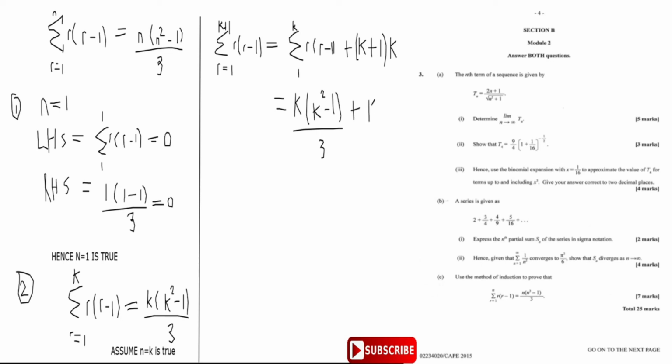Now we have k plus 1 times k, or I can write it as k times k plus 1.